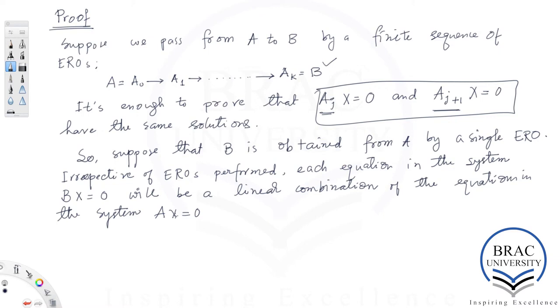Okay, so we take for instance the second type of elementary row operation.